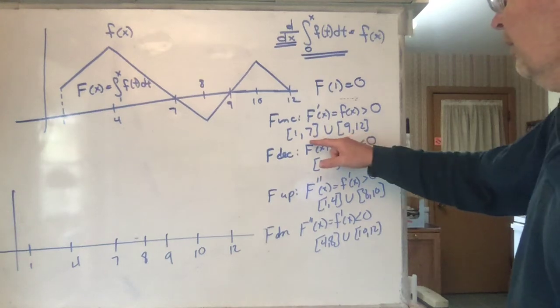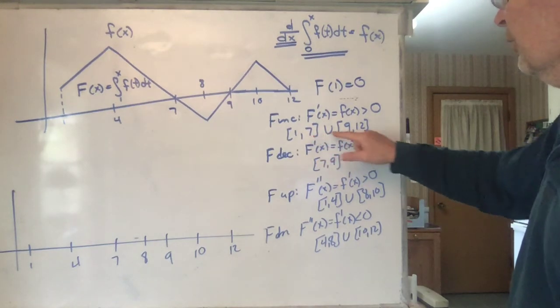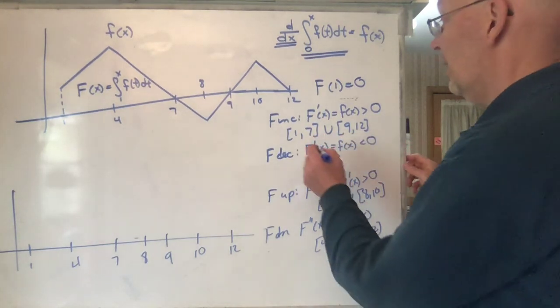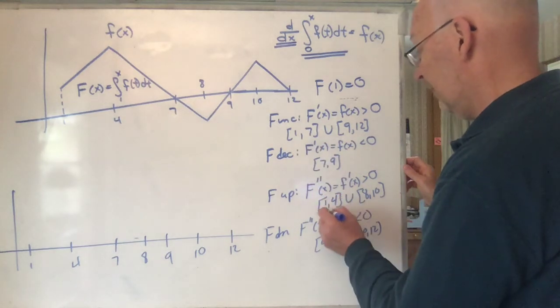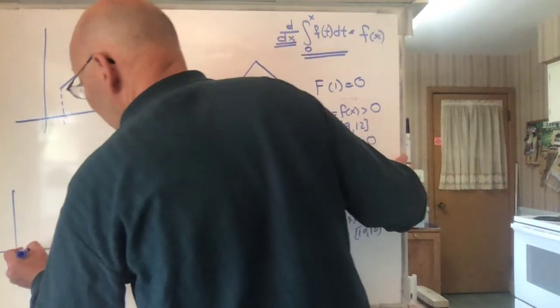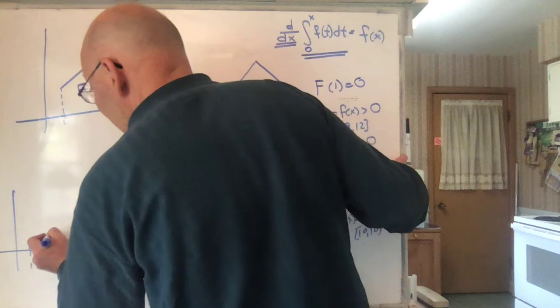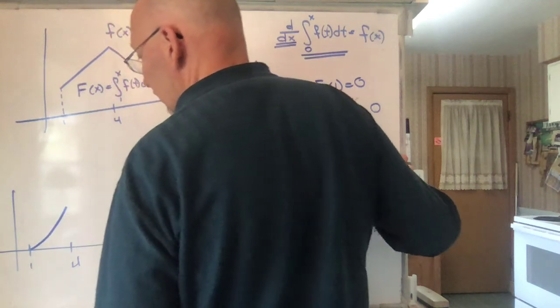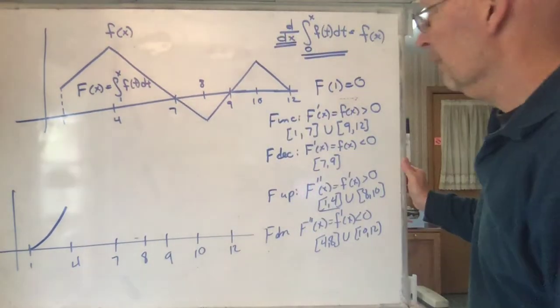So starting at 1, what's happening? It's increasing and it's concave up until you get to 4. So from 1 to 4, it's increasing and concave up.